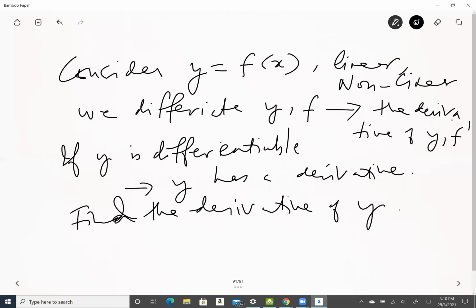So they are human. We are also human, but we are derivatives of our parents, because we come from them. So you think of the derivative as the offspring of the function, the children of the function.